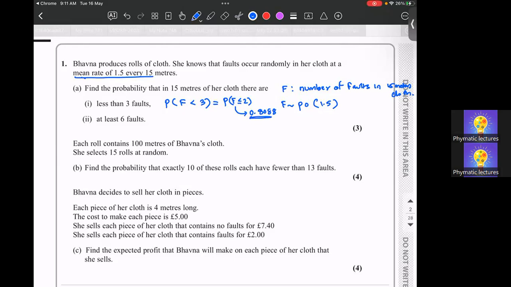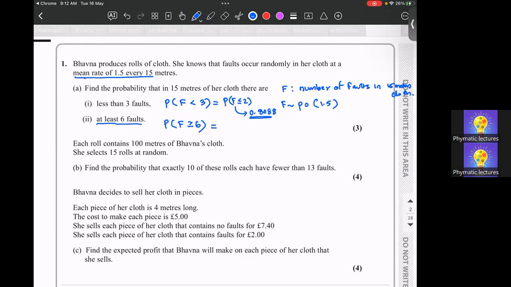Now at least 6 faults. At least 6 faults means probability of at least, that is the keyword, F greater than or equal to 6. Probability of F greater than or equal to 6. There is no direct table to find this value.